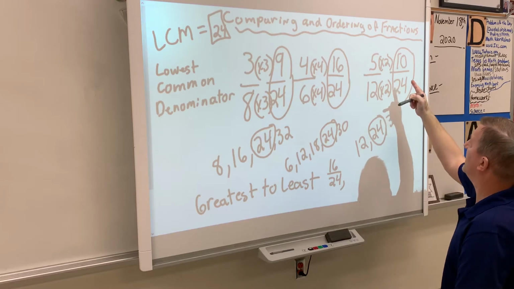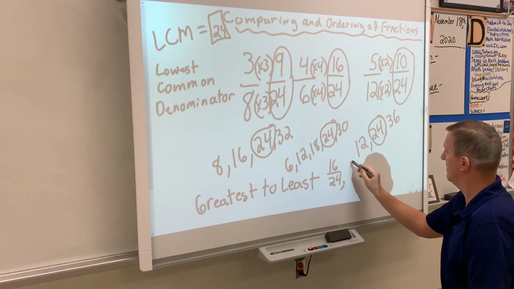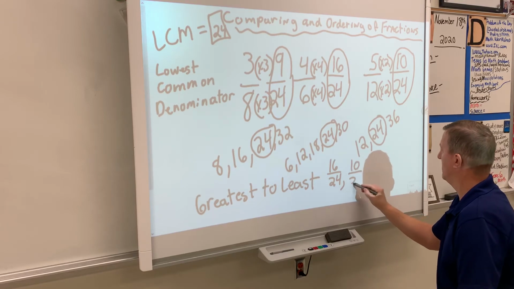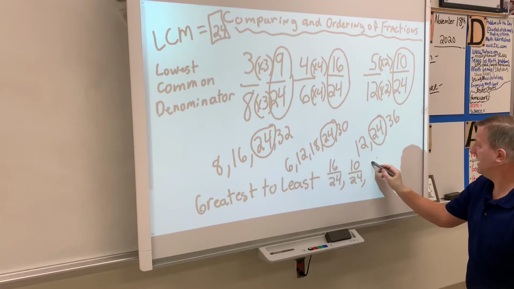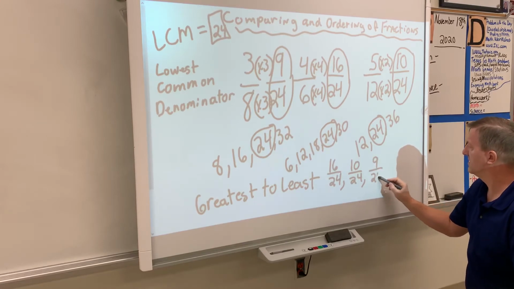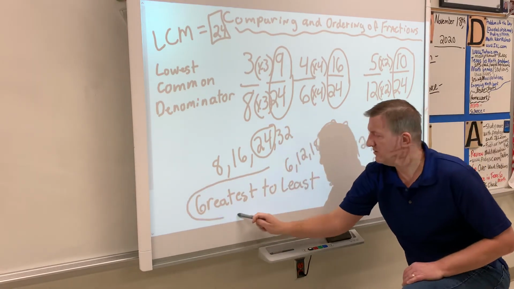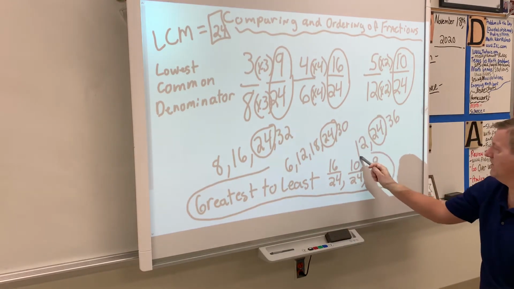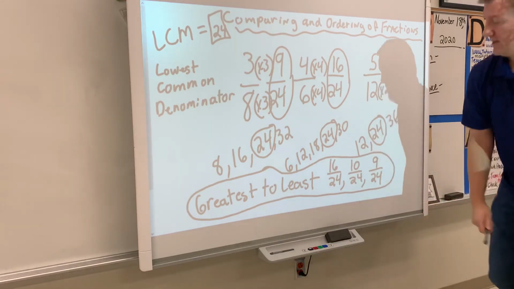Our second fraction would be 10 24ths. And our last fraction would be 9 24ths. So there's our answer. We just put those in order from greatest to least.